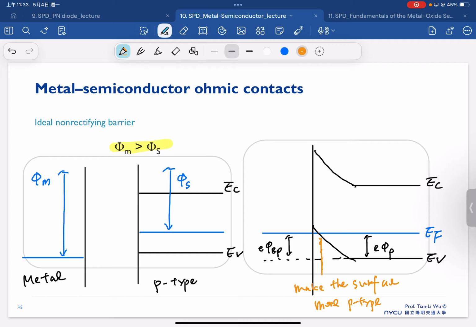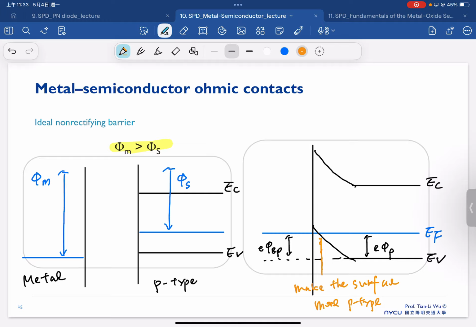So that's why we are able to make an ohmic contact, because with this metal work function condition, we can make the N-type even more N-type at the surface, P-type even more P-type at the surface, and especially the carriers, the electrons and holes, won't see any barriers.